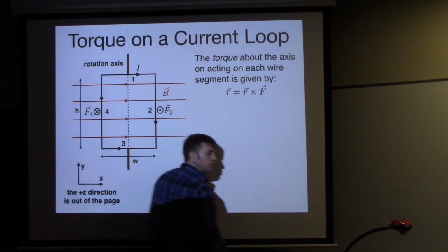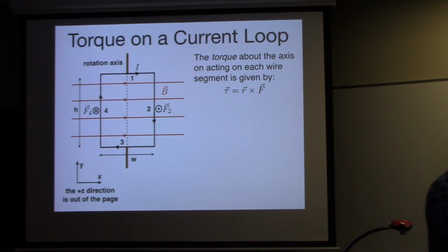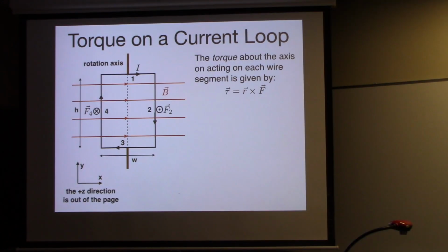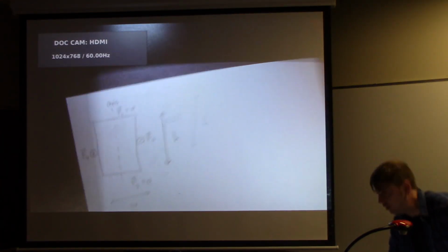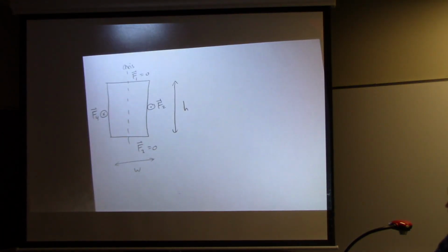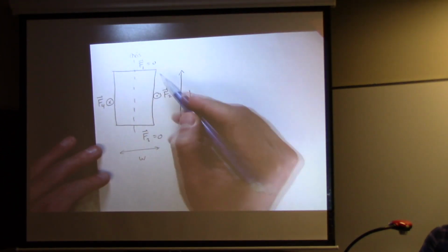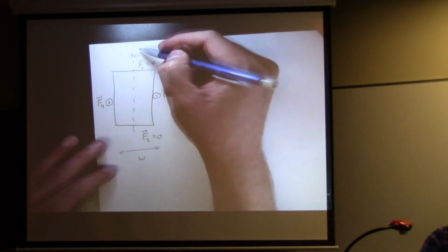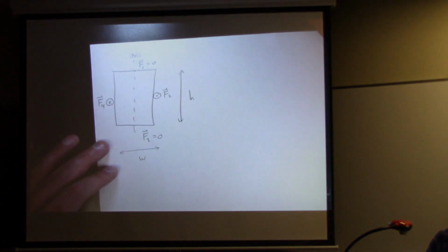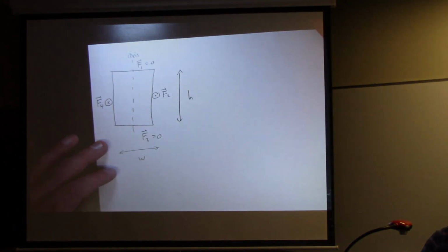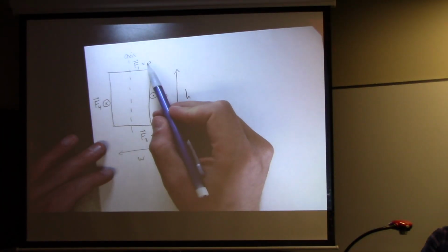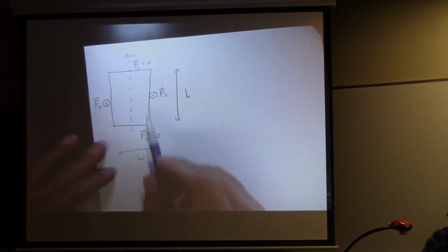So each one of those, actually, is going to contribute to the torque. So for that, we'll work it out down here. So again, I've just copied down everything we have, where we've got this rectangular loop, and there's an axis of rotation like this. I showed it with the dashed line. We know there's no force acting on the top or on the bottom, so that's 1 and 3.